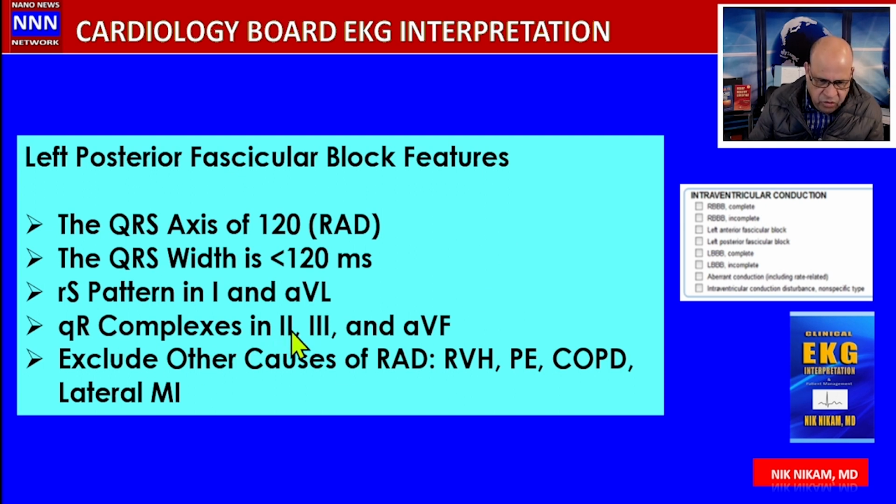Whereas in leads 2, 3, AVF, we have a QR complex, a tiny Q and a positive R wave. In 2, 3, AVF, this is opposite of what we saw in the left anterior fascicular block. And we need to exclude other conditions like right ventricular hypertrophy, pulmonary embolus, COPD, or lateral myocardial infarction.